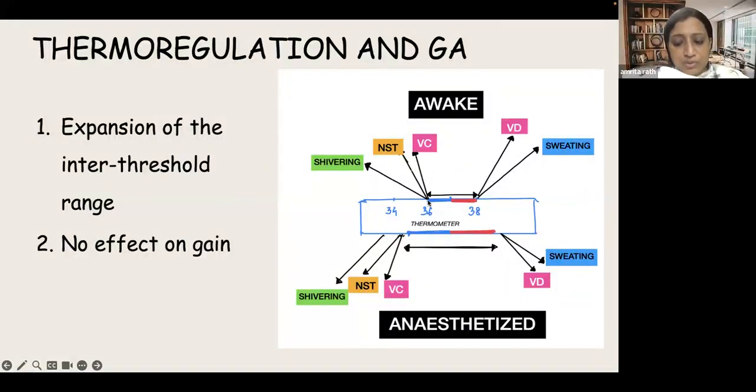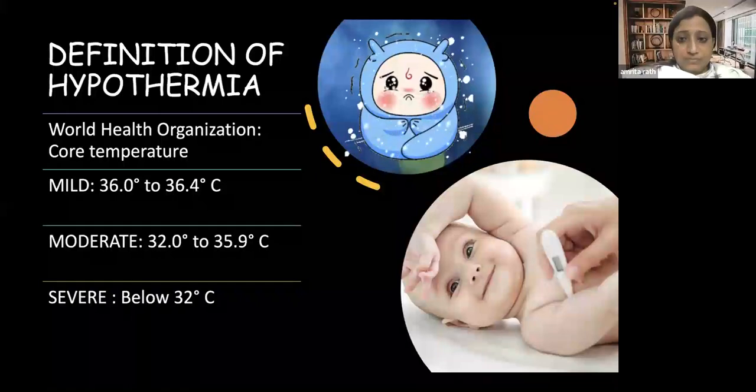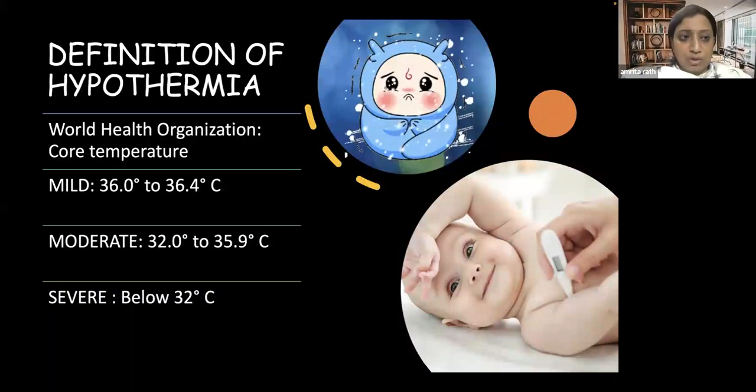The one which was responding at 36 will now respond at 32. On top of it, your vasoconstriction, because sympathetic has cut off, it is gone. Next comes non-shivering thermogenesis. Your propofol, inhalational, and everything will inhibit it. And shivering is never an option for them. That is why they are prone for even more hypothermia.